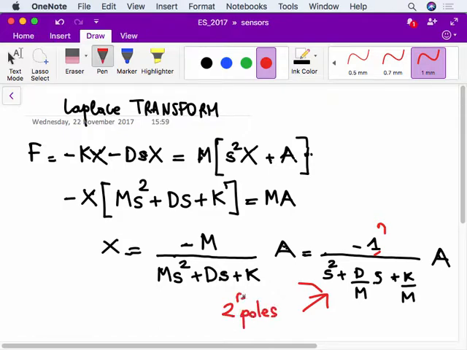The poles are real because, as you can see, the coefficients are all positive. And why is that important? Because if I have two real poles, sorry, the poles are not real. The poles are with a negative real part. Sorry.